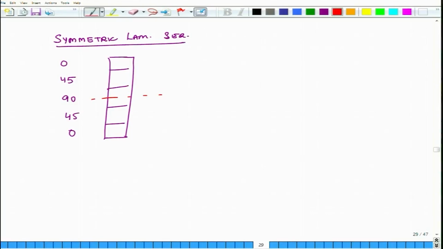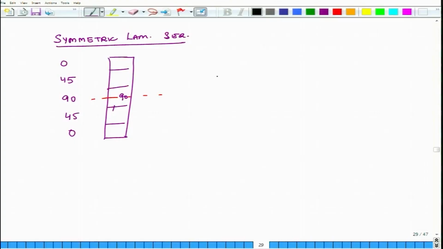We have said that unless we specify otherwise. So, this is 90 and then of course, all other things are there. So, the mid plane is passing through the middle of the 90-degree layer. Okay. Mid plane is passing through the middle of the 90-degree layer.